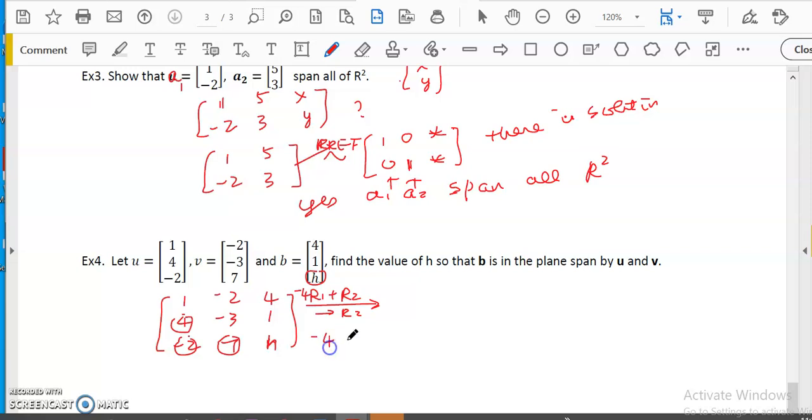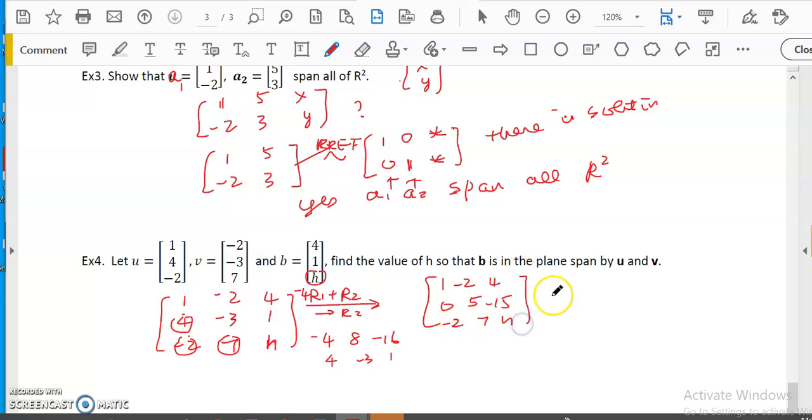So -4 times 8 is -32... -4 times that is -16, plus 4, -3, 1. Put into R2, so it becomes 1, -2, 4, 0, 5, -15, right? And then -2, 7, h.